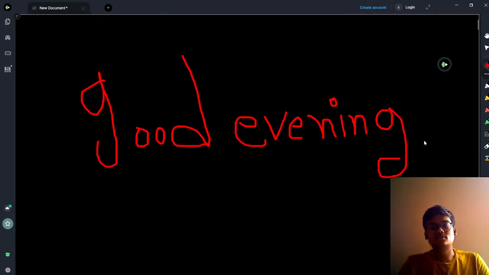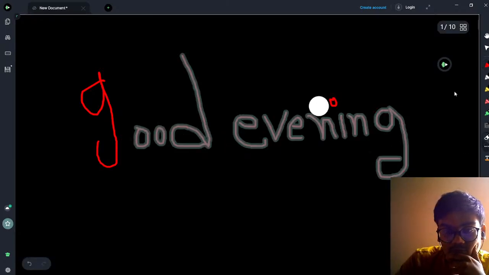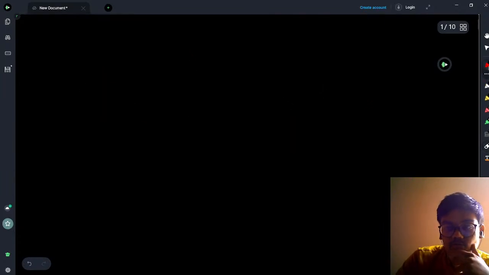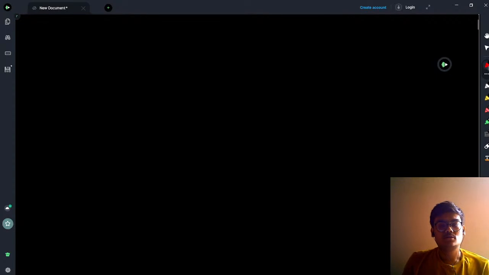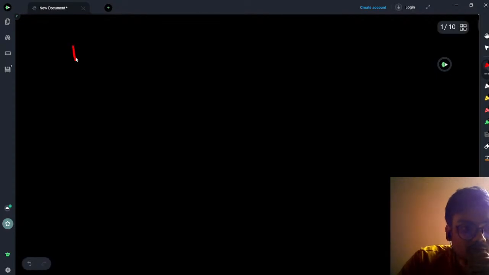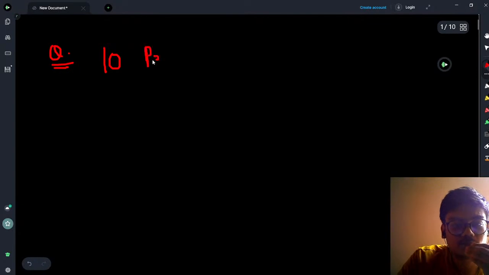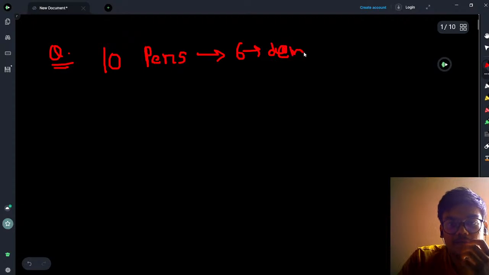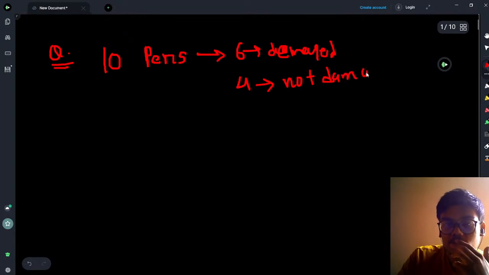Okay, so before that let me give you one small question. The question is, let's say we have 10 ball pens, out of which 6 are damaged and 4 are not damaged.